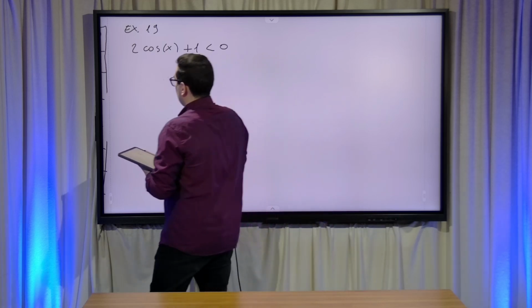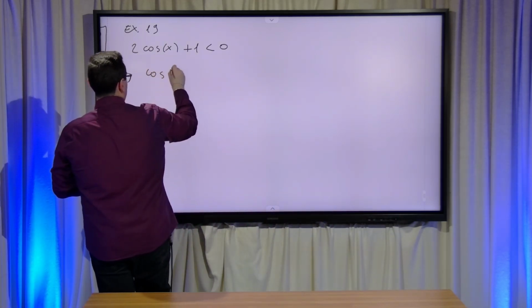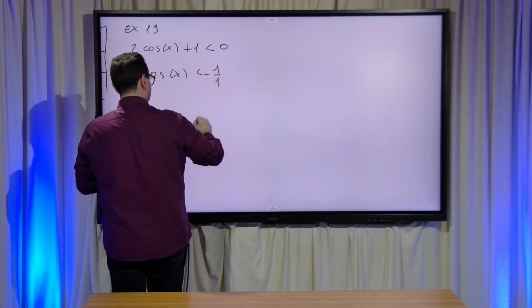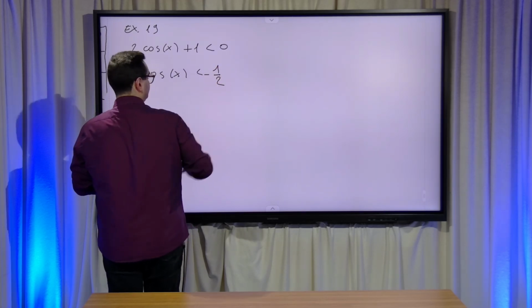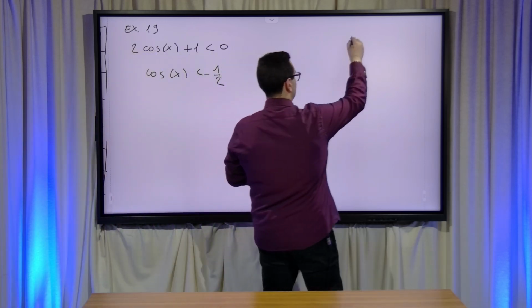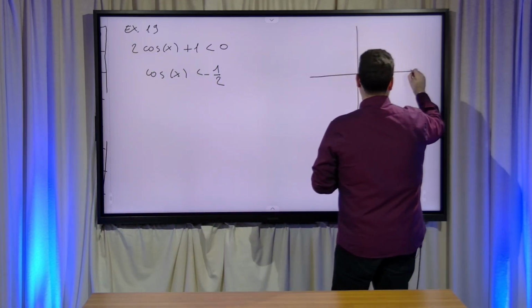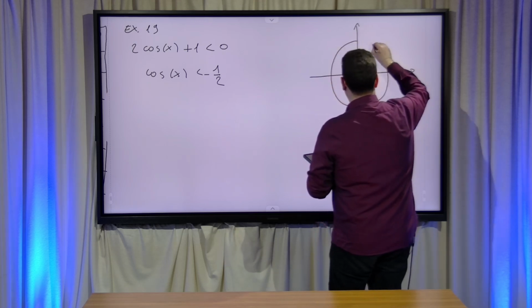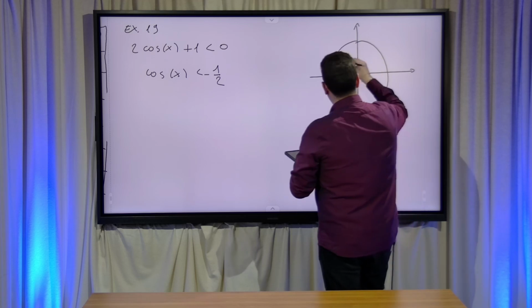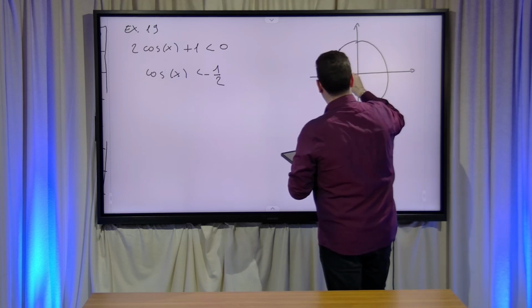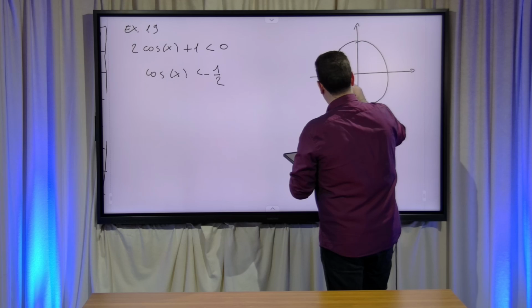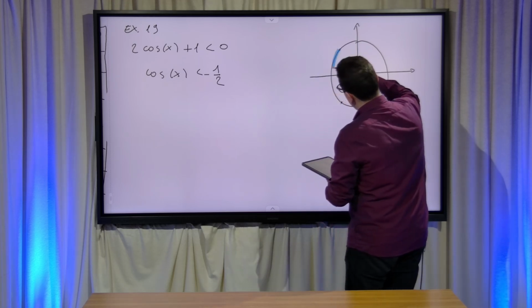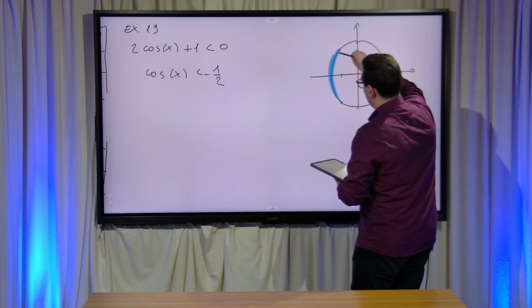Again, as before, I can write it like this. And let's consider again the unit circle. So I'm looking this time at this arc on the circle.